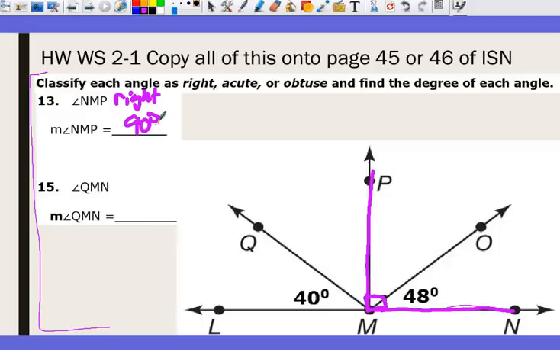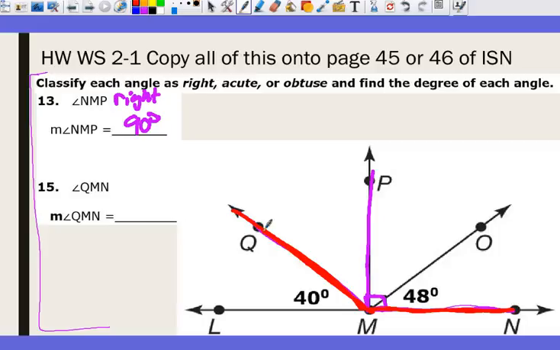All right, what's our first step? We want to highlight QMN. Oh, let me highlight a different color. So this red angle right here. This right angle right here. You think it's an obtuse angle?